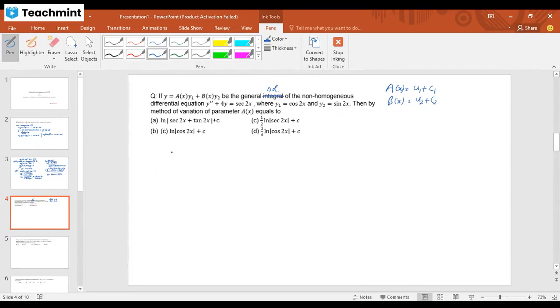So what is the formula of u1 in this case? You can see here in all the options, a constant c is also given. It means that we are going to write a(x) as u1 plus some constant of integration. What is u1? u1 is basically the coefficient of y1, so its value is minus integral of y2 r(x) upon a naught W square of y1 and y2 dx.